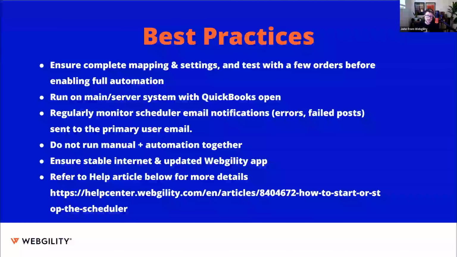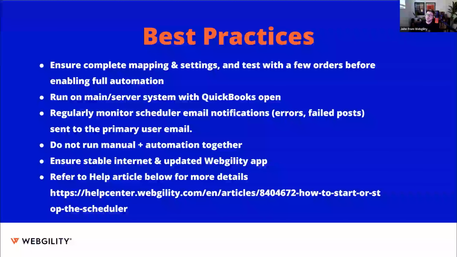Don't do anything manually while the automation is running. That's how you'll get duplicate posts, things that copy either once, twice, three times. If you're running automation, don't do anything manually. If you do need to make manual adjustments or post something manually, turn off the automation first.